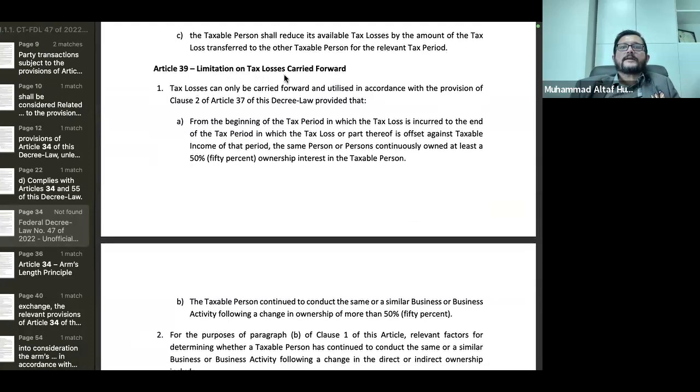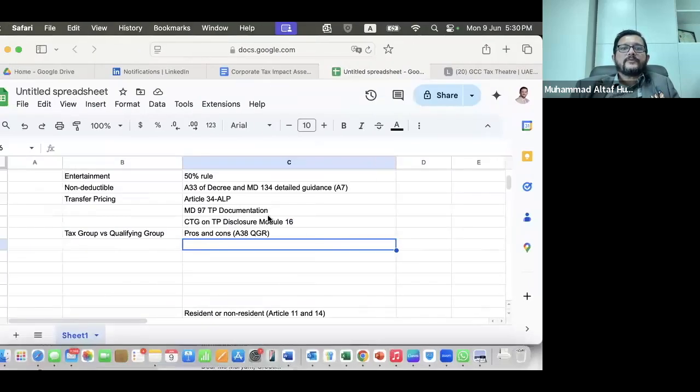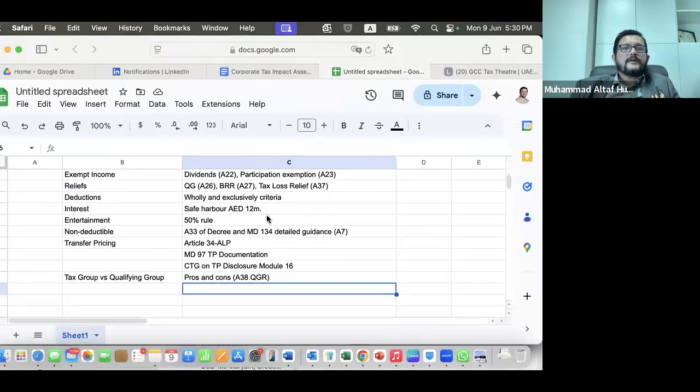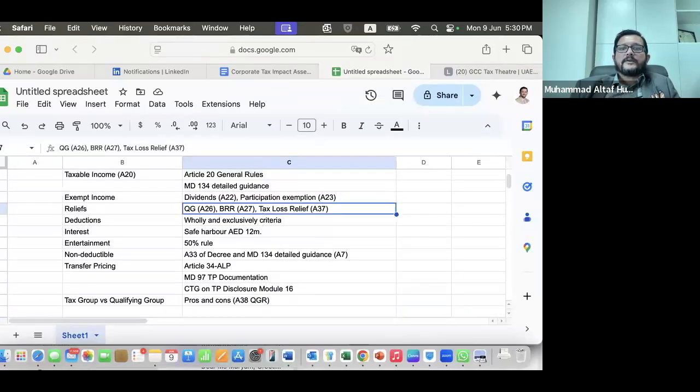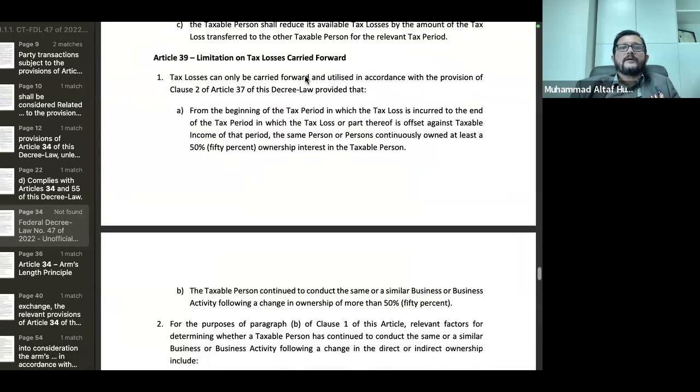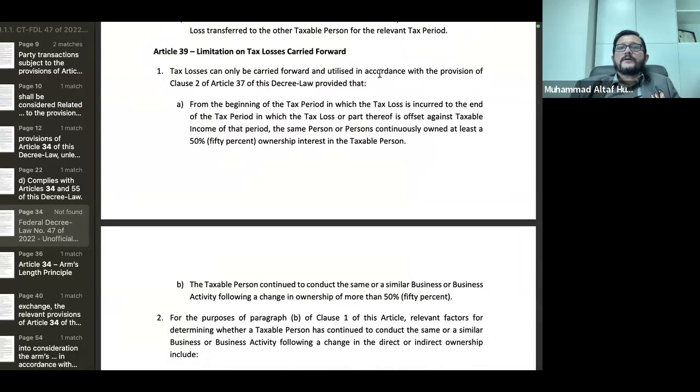This is limitation on tax loss carried forward. Where did we write reliefs? Here, tax loss relief 37 and 39, because this is the maximum we can carry forward. Sorry, we can offset. Limitation on tax loss carried forward can be carried forward and utilized in accordance with the provision of Article 37.